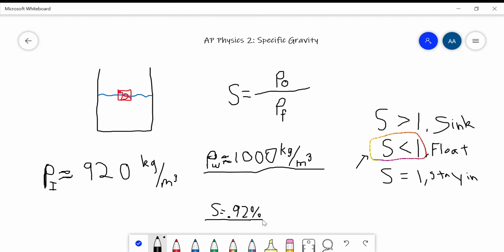If you find the specific gravity of that in water, we're going with water because it's a pretty simple measurement, it'll be 750 over 1000, which is 0.75. That means if you put that block of wood in the water, 25% of it will be above the surface, and 75% will be below the surface. So that's a pretty interesting concept.